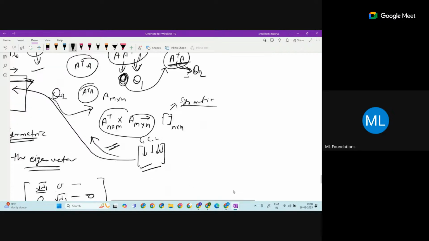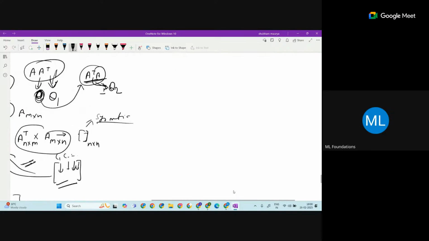Then let me tell you what you will do if you don't want to proceed by this method. It is already mentioned in the lecture that the method is told in the proof itself. The whole process is: first find A A transpose, find the eigenvalues, then find the eigenvectors.